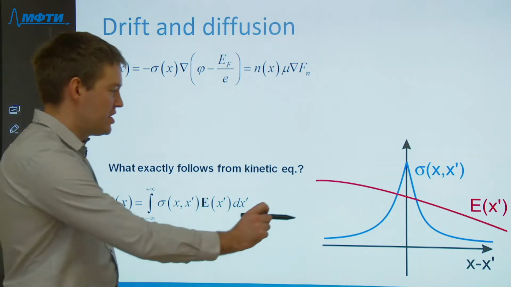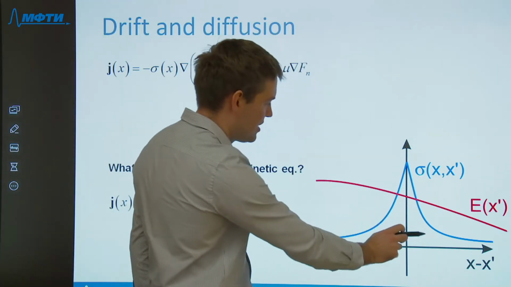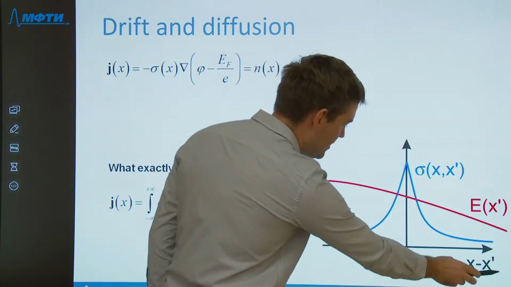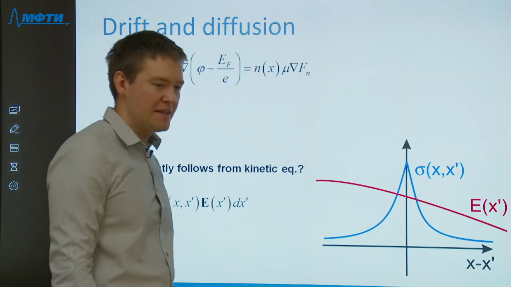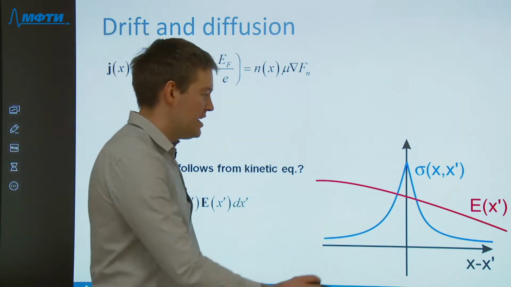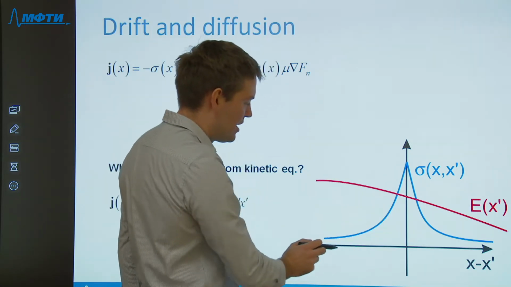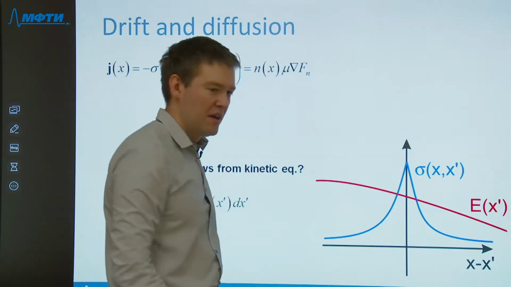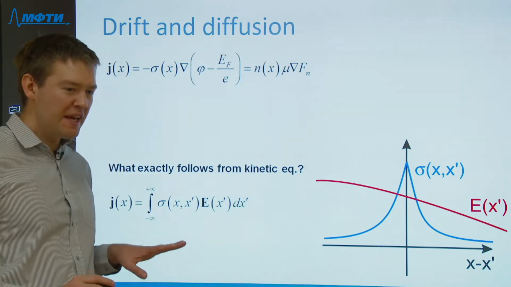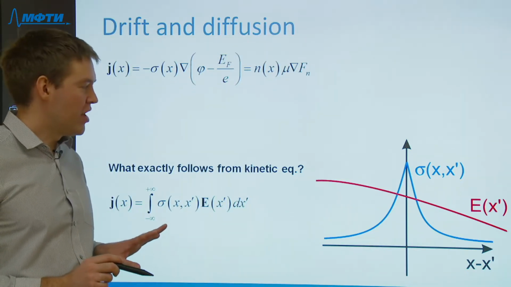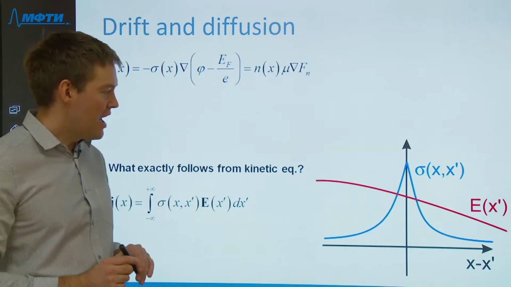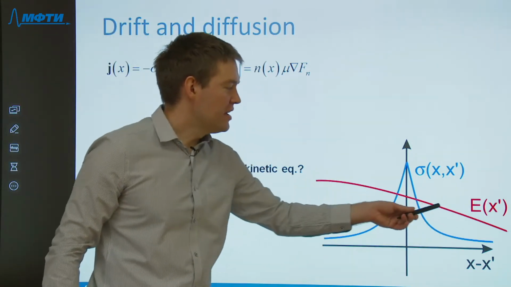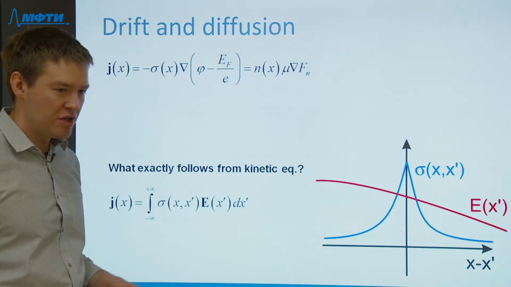The conductivity kernel depends mostly on the difference between coordinates x and x prime, and it decays abruptly when we deviate from zero. So it is a peaked function. It has a very sharp peak, and the electric field is typically a smooth function.